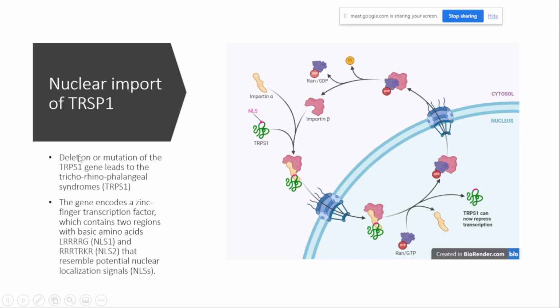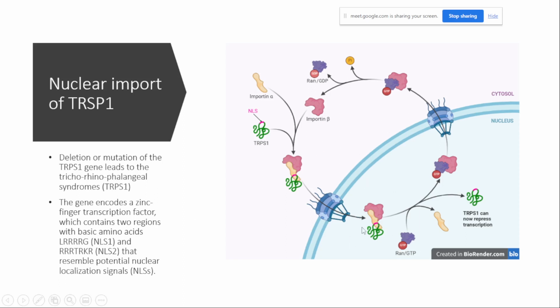Deletion or mutation of the TRPS1 gene leads to the disease trichorhinophalangeal syndrome. It is basically a problem of bone and joint. The reason for this disease is the deletion or mutation in this TRPS1 gene. As I already told you, it has an NLS, and to do its activity it needs to go inside the nucleus.